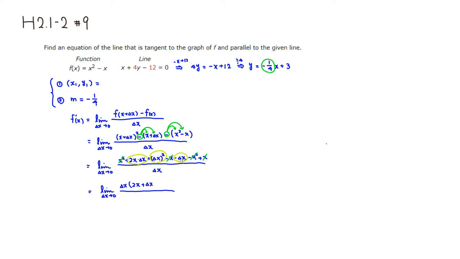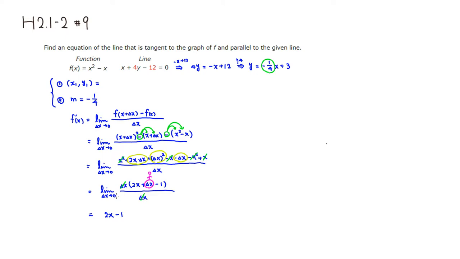And if you factor delta x from negative delta x, it will be negative 1, over delta x. So we can cancel delta x on top and delta x on the bottom. Then as delta x approaches 0, this term goes away because it approaches 0, and what you get is 2x minus 1.